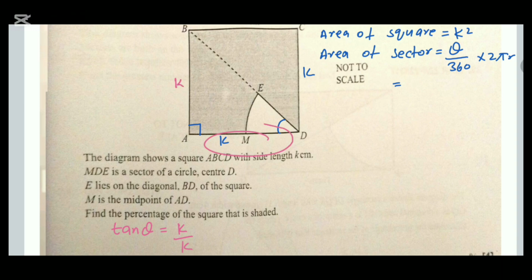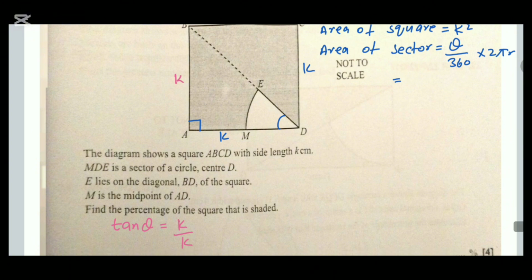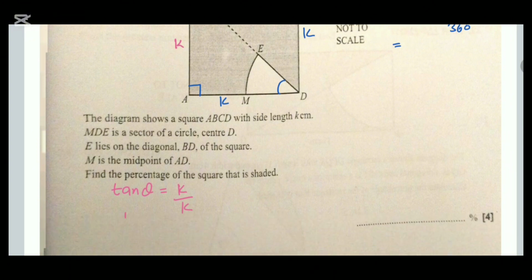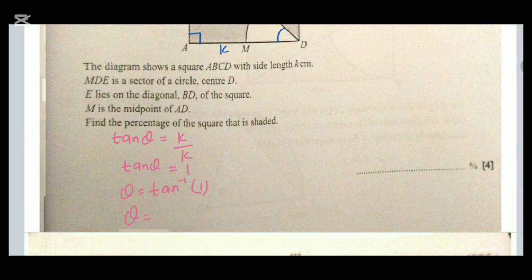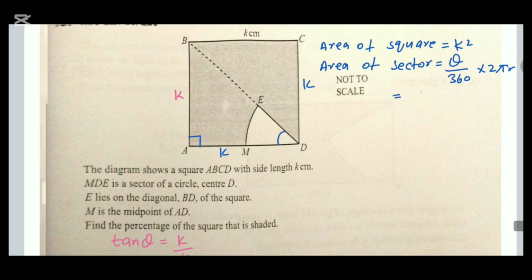So it means you can use this formula. Now tangent theta is equal to k by k is 1, theta is equal to tangent inverse 1, and that is theta is equal to 45 degree. Okay, so 45 you will use.